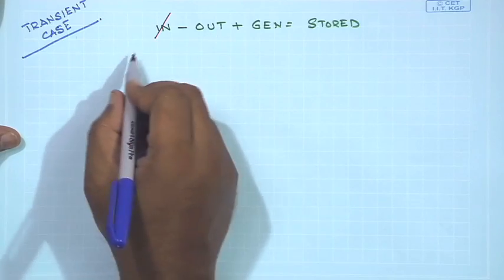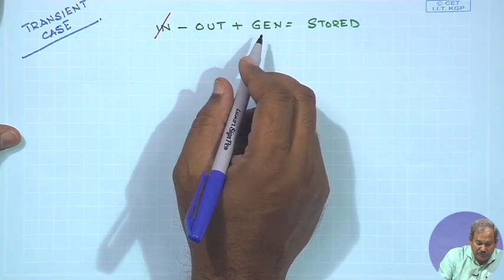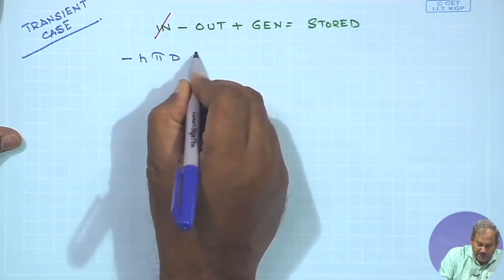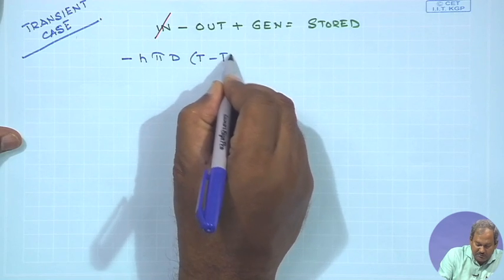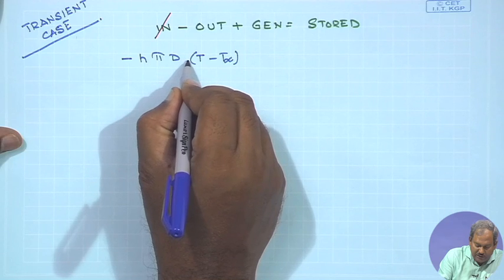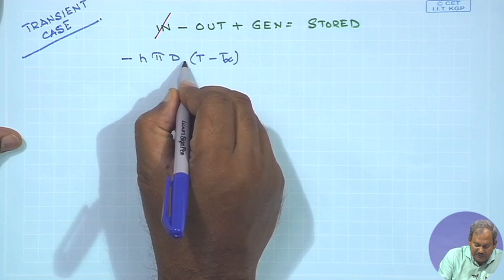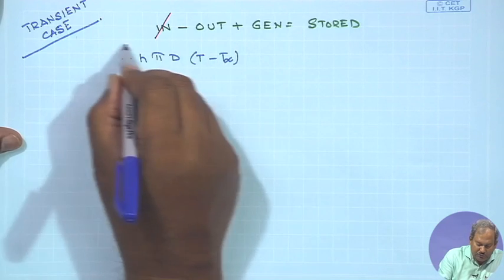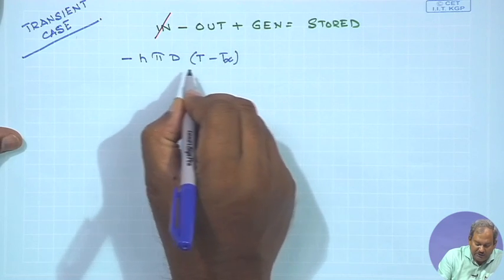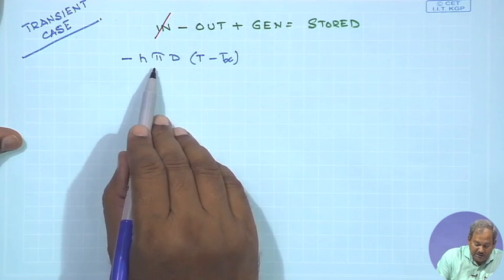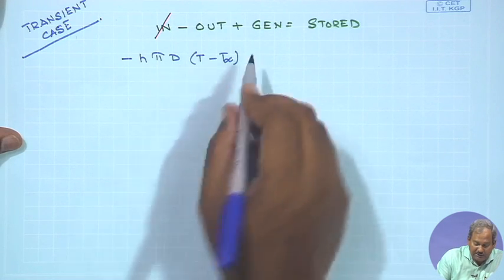So, we start with this equation. The heat that goes out would be h times pi d times temperature, which is a function of time, minus T infinity. Look here that I did not include an L term, the characteristic length, in here. So, this heat out term is on a per unit length basis.